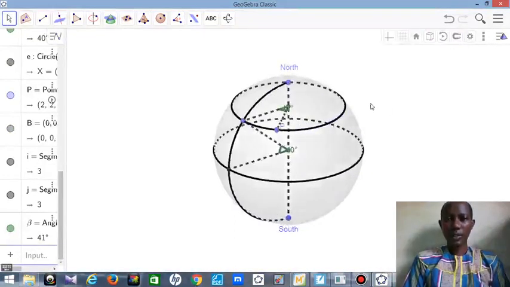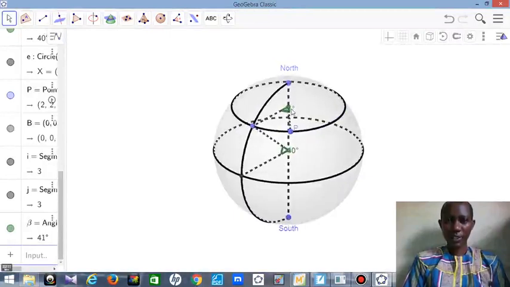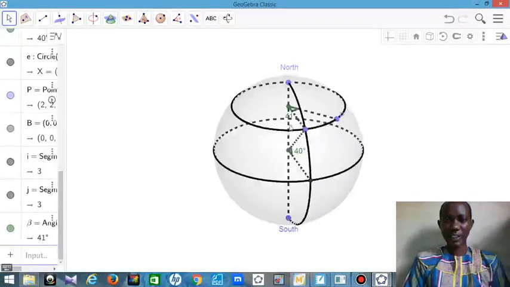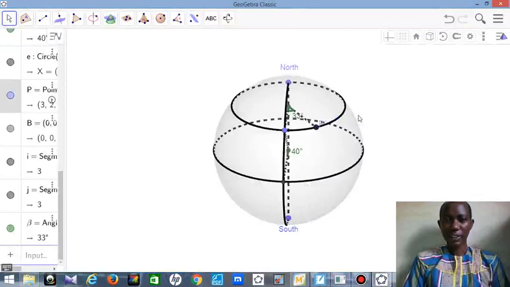Alright, so this is what I'm trying to show now. You can see point P now. It rises from 0, 40 degrees north, see the angle, then it moves towards east, 38 degrees east, which is this place. Let me put it at 38. I want us to see it well. This is the angle.